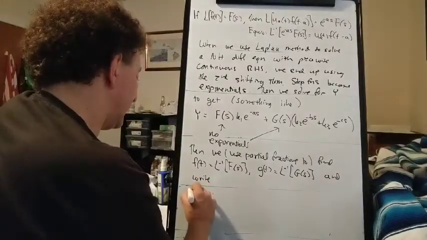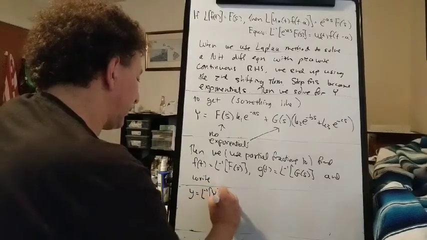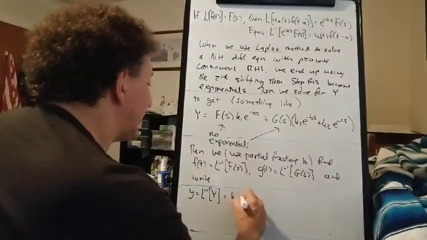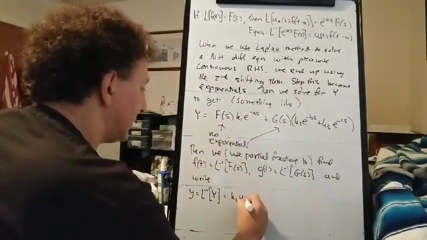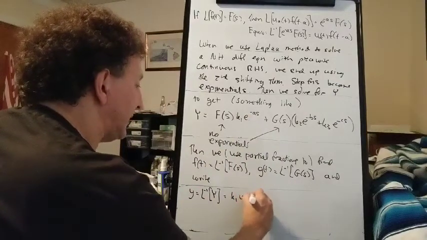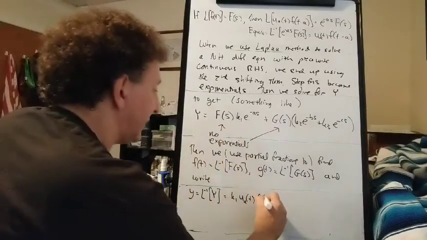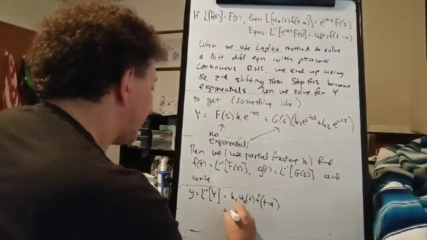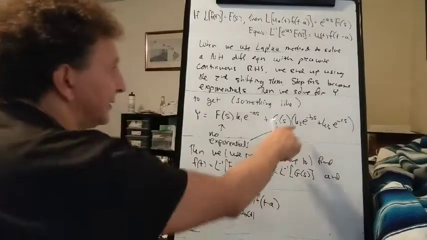And then we write little y is the inverse Laplace transform of capital Y, and that equals k1 times a shifting function which depends on this exponential, ua of t, little f of t minus a, plus k2 ub of t.